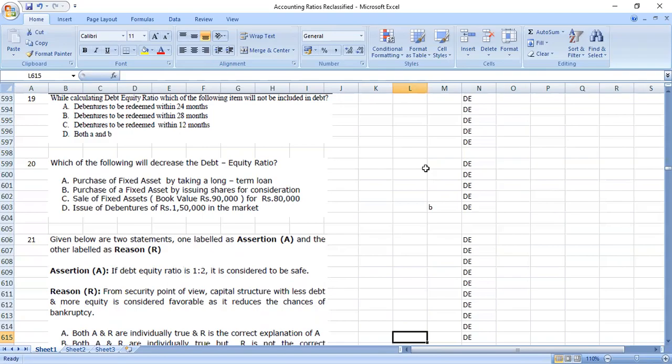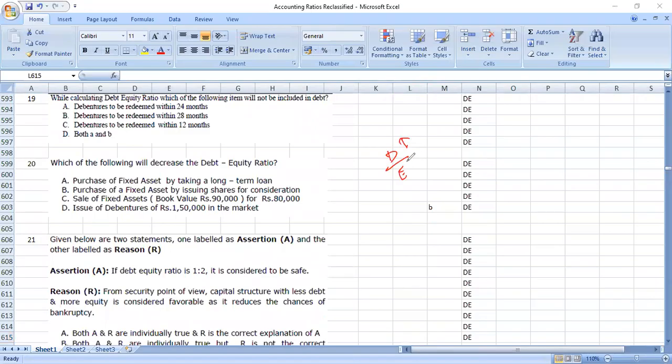Which of the following will decrease debt equity ratio? Purchase of fixed asset by taking a long-term loan. When you purchase a fixed asset, asset increases, you're not bothered about it, but you're taking a long-term loan, so debt increases. Debt is the numerator of debt equity ratio.